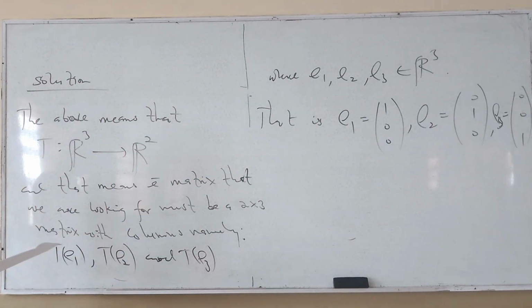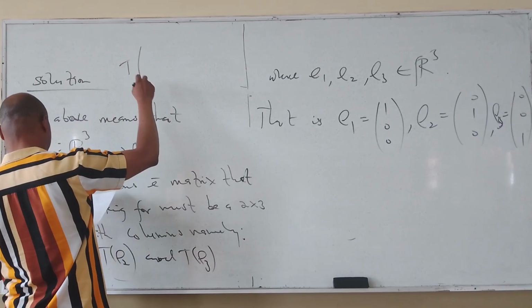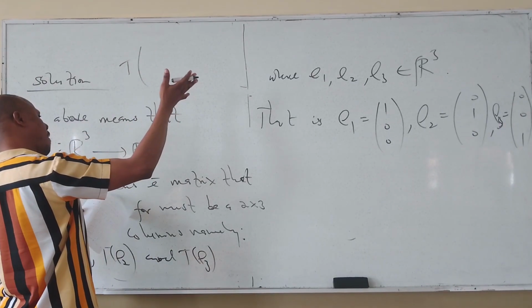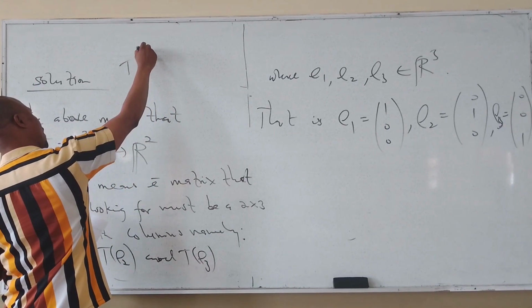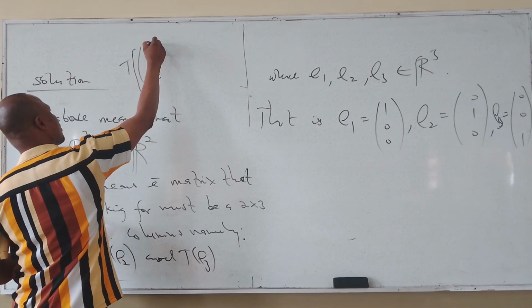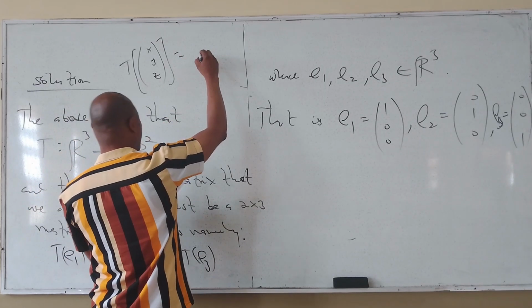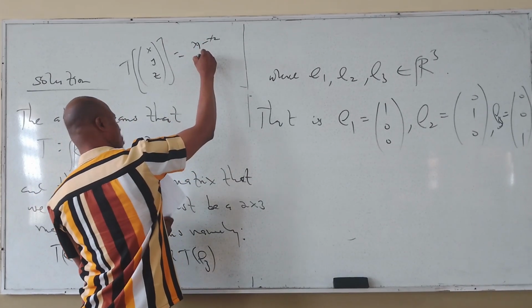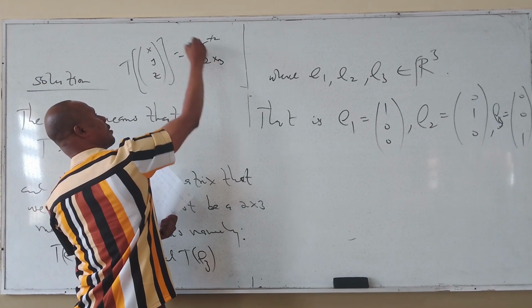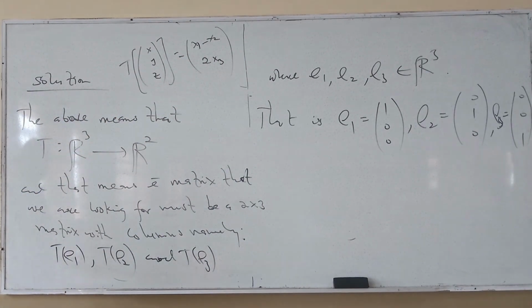Now back to the definition. It says T of x, y, z is equal to x1 minus x2, twice x3. We are going to use the definition to get the T's of U1 and U2.